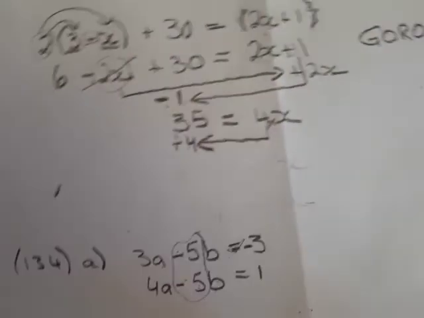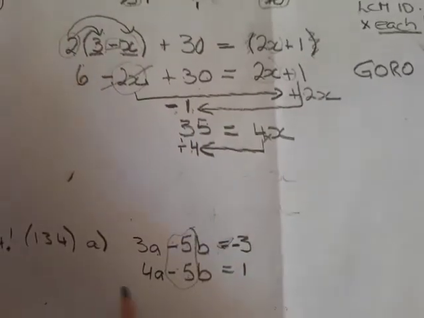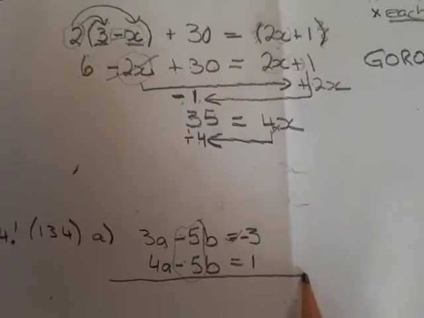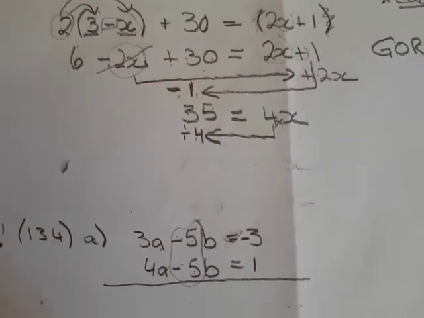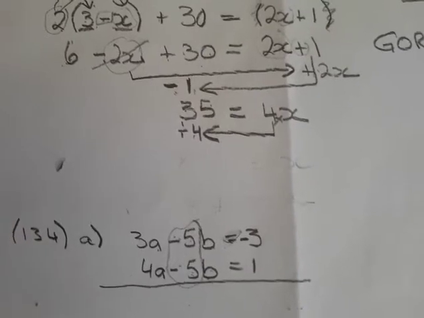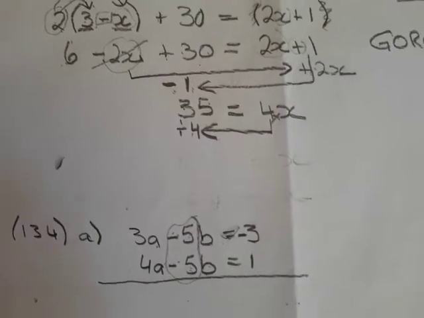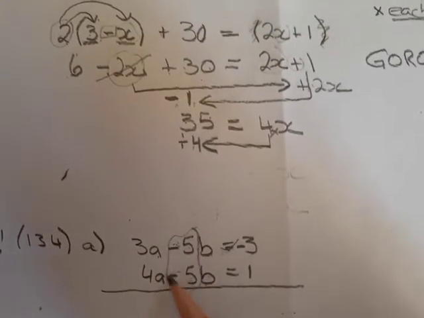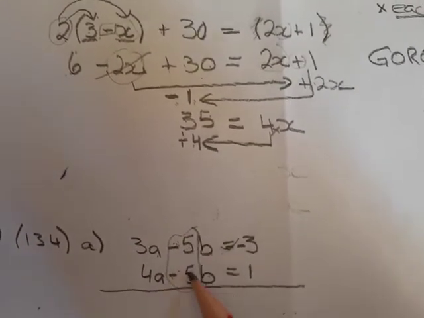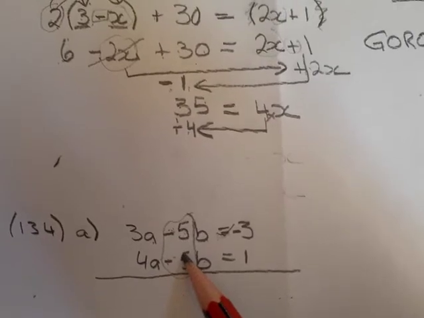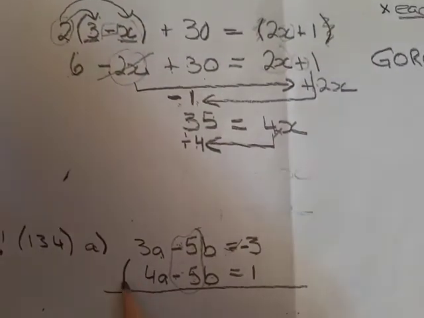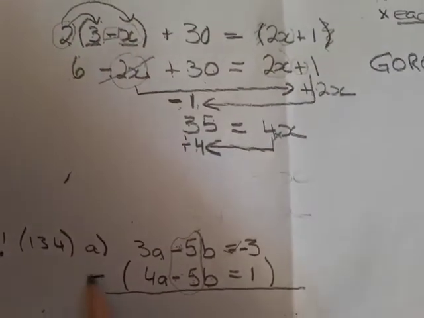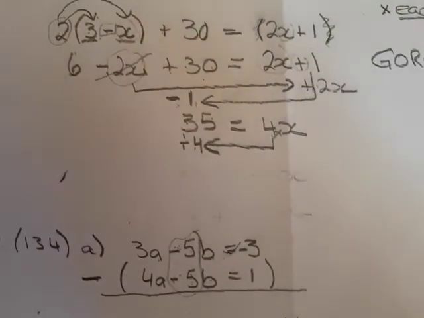If that is the case, then we will just simply add or subtract the two equations. Now important, if you have the same signs in front of the same coefficient, then you must subtract one equation from the other one.